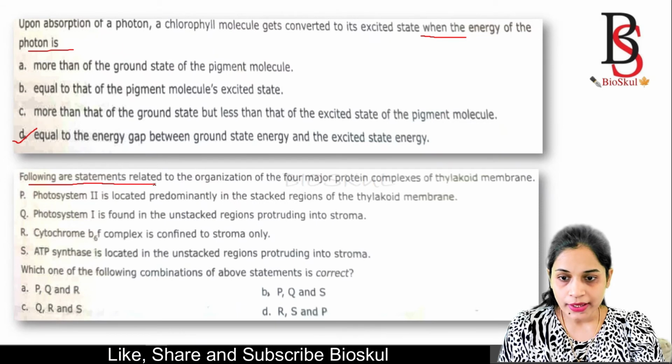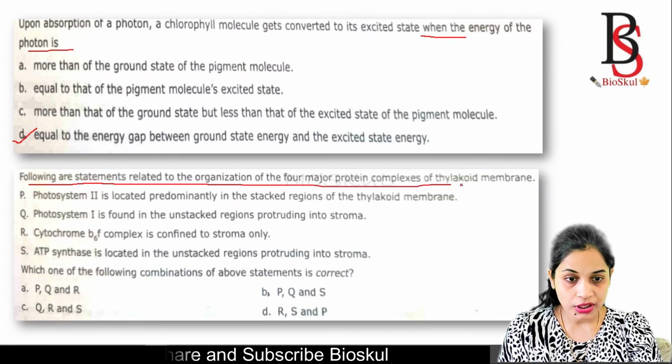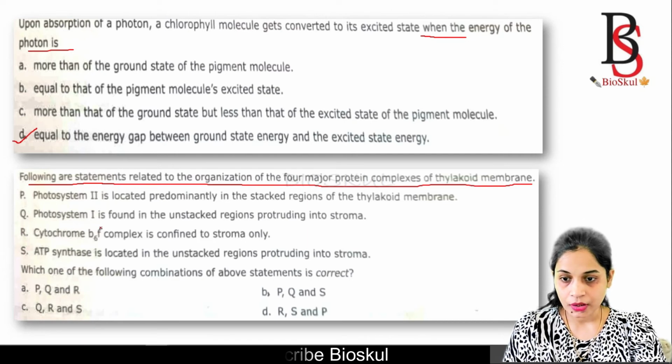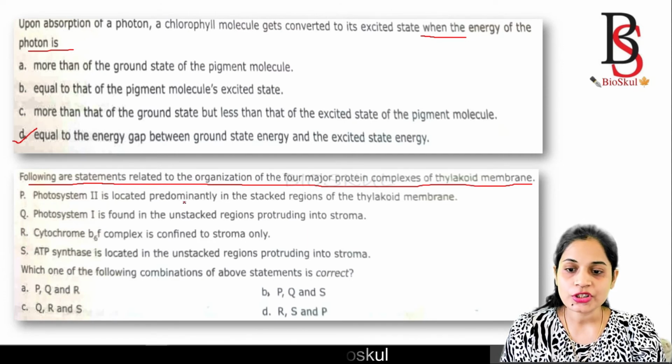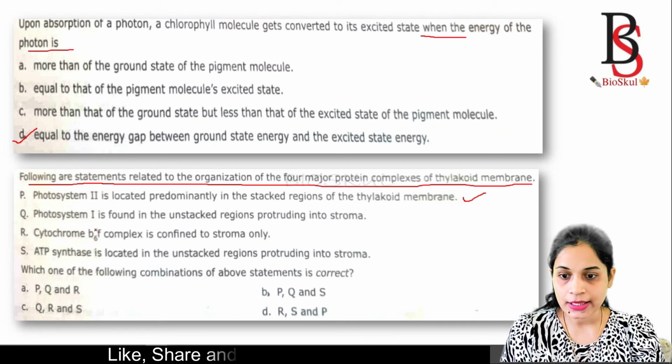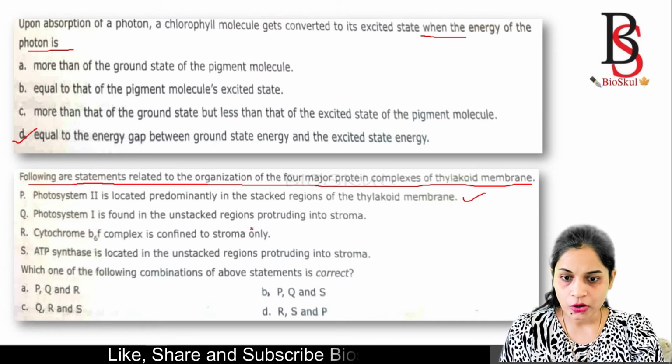Okay, following are the statements related to the organization of 4 major protein complexes of thylakoid membrane. Let's see. Photosystem 2 is located predominantly in the stacked region of thylakoid membrane. Yes, it is located in the thylakoid membrane. Photosystem 1 is found in the unstacked region protruding into the stroma.